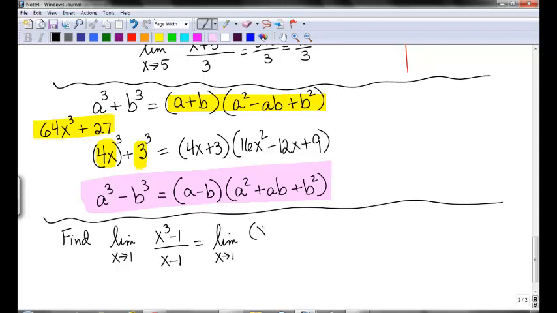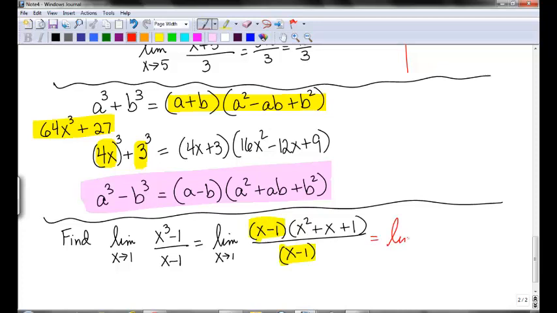Factor it, we'd have x minus 1, and then x squared, multiply them together would just be plus x, plus 1x, plus 1. And it's all over x minus 1. That stays the same. Now you can reduce. These will divide out and reduce.